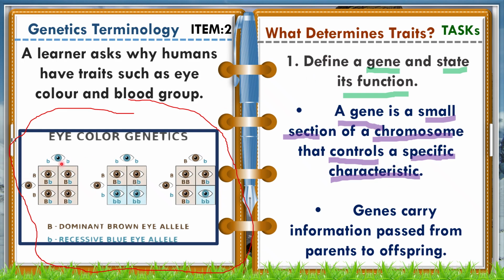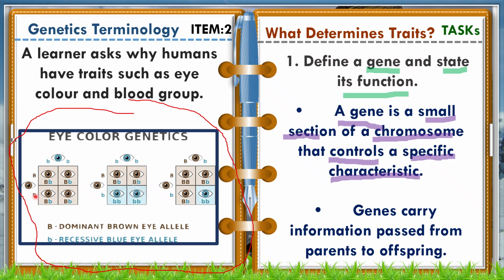So here we have eye color, and they are labeled as different parents. This is a parent with small b, and those small b are recessive blue eye alleles.